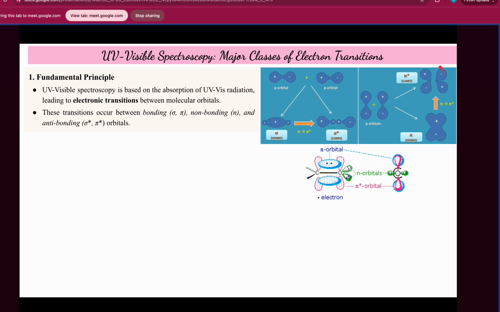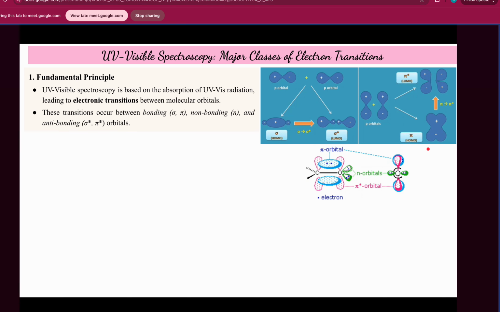In case of pi star, this is known as the anti-bonding orbital if the combination is out of phase. And the transition from pi to pi star is known as the pi to pi star transition. So these are the two different types of transitions which are observed in UV visible spectroscopy. And this is how these bonding and anti-bonding states are formed.